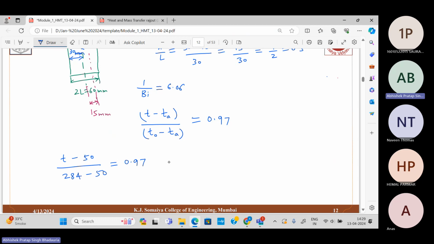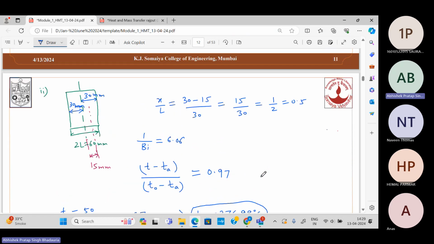We have one equation and one unknown, t. Solving it, the calculated value of t is 276.98 degrees Celsius. This is the answer. That means this is the temperature inside the plate 15 mm away from the mid plane.